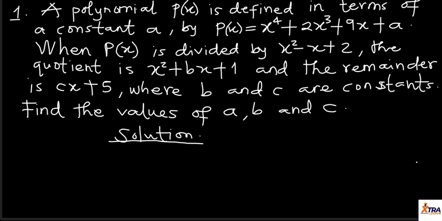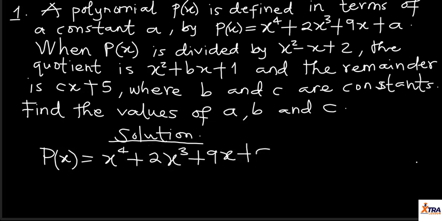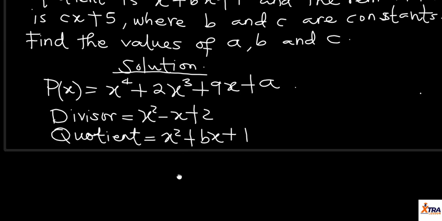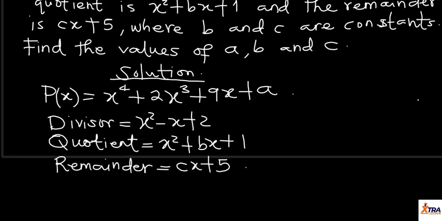So, first of all, we have p of x given as x raised to power 4 plus 2x cubed plus 9x plus a. And then they give us the divisor, which is x squared minus x plus 2. And then they give us the quotient, which is x squared plus bx plus 1, and then the remainder, cx plus 5. And then we are asked to find a, b, and c.